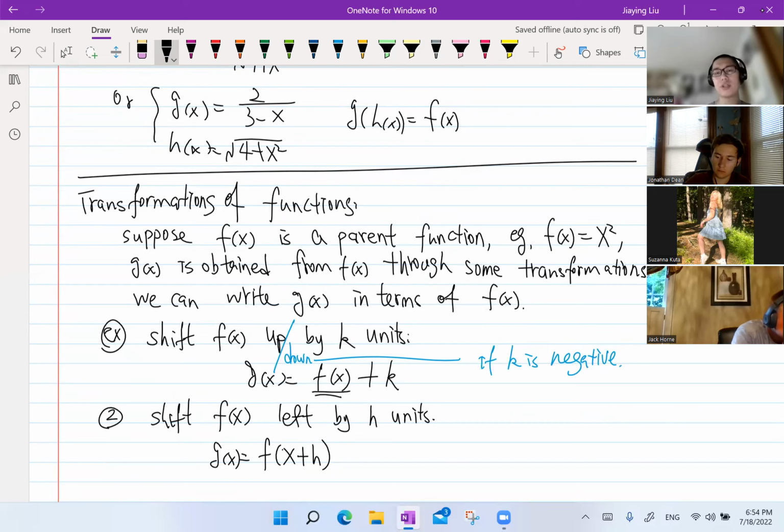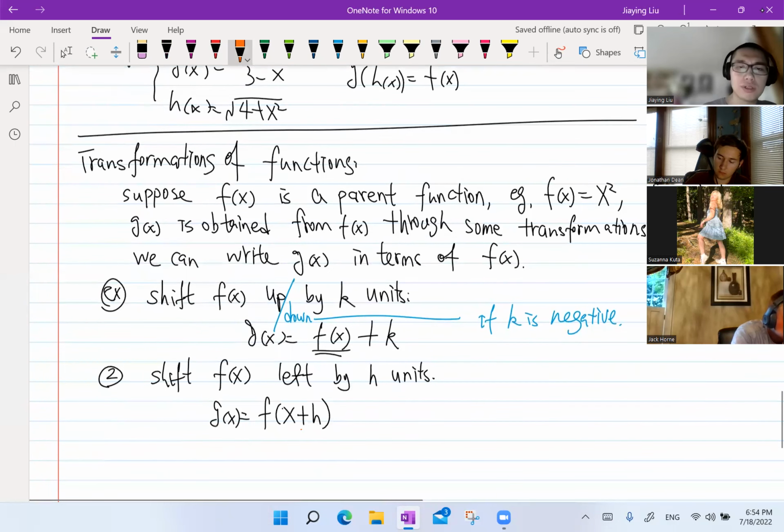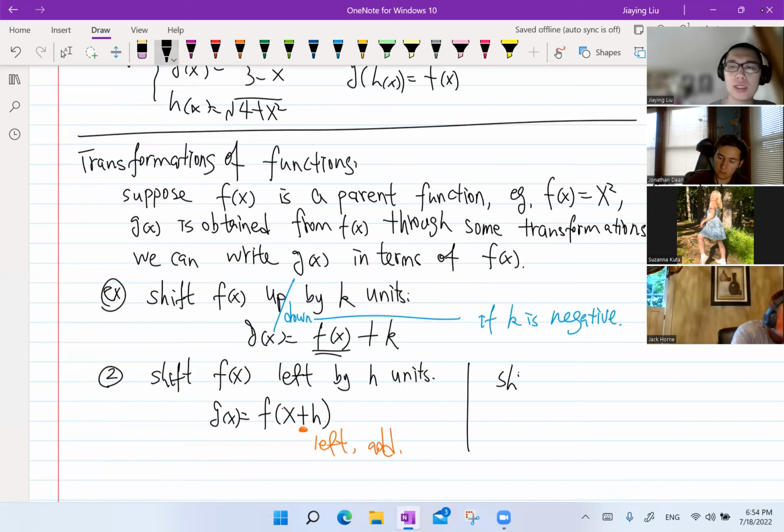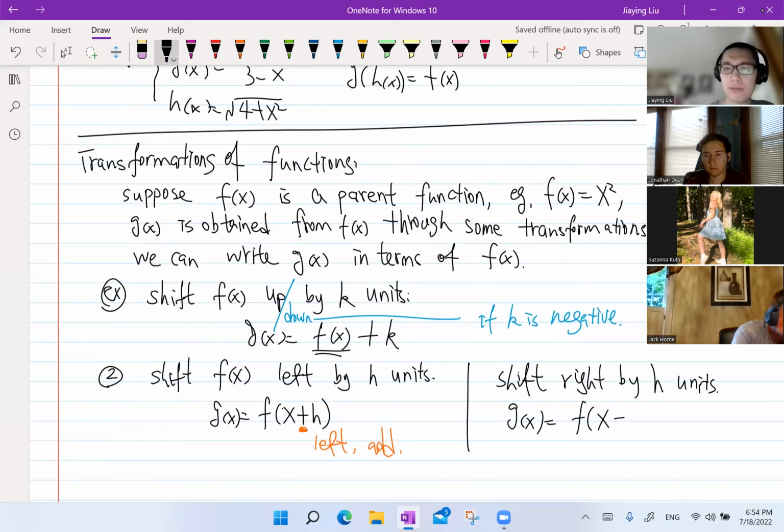So the number we add or subtract happens inside the parentheses where x is. We add directly to the x, not to f of x. So for left, we have to add. But if we shift it right by h units, then g of x will equal f of x minus h.